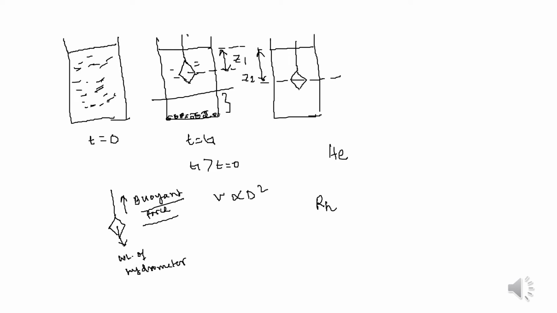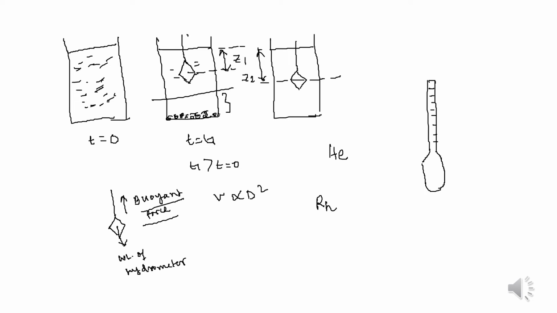So basically if we see a hydrometer, it comprises a stem and a bulb like this, and the stem of the hydrometer is graduated corresponding to the different specific gravity of the soil suspension.